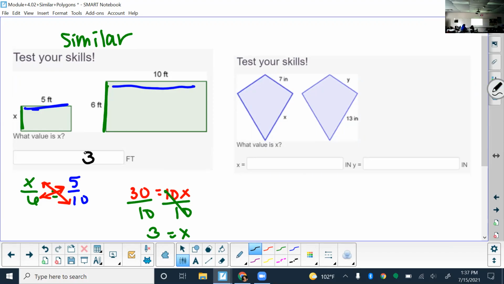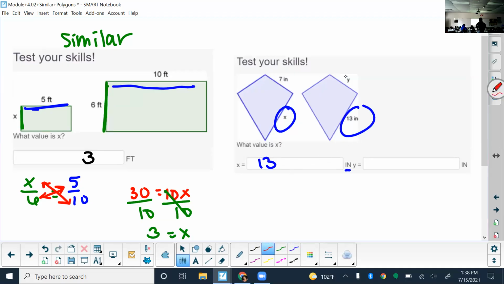What about on the next set? Are those similar or congruent? All right, since they're congruent, I don't have to set up a proportion. The sides should be exactly the same. So what does x represent? Or what should x measure? 13 inches, which is right here.